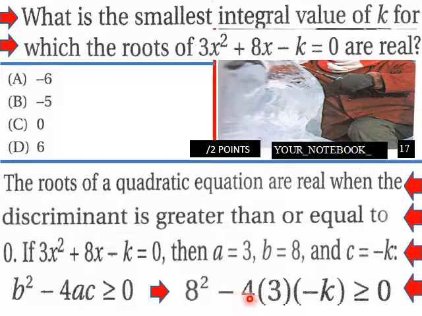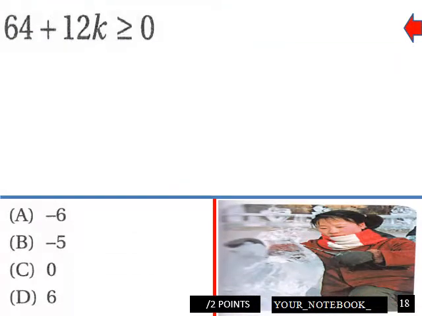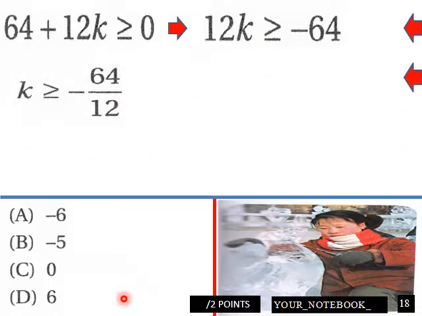So we have 8 squared minus 4 times 3 times negative k is greater than or equal to 0. So 64 plus 12k is greater than or equal to 0. 12k is greater than or equal to negative 64. And we do our algebra here, and we have k is greater than or equal to negative 5 and 1/3.